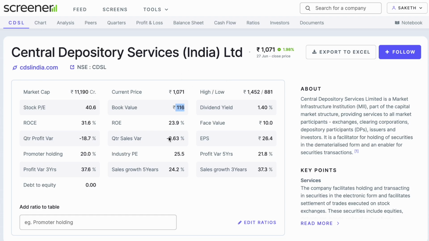Here the quarter sales decreased and profit also decreased. But you should understand, when there is a bull run, then they will be getting profits. If there is no bull run, then they don't have any power to cut your money, right?